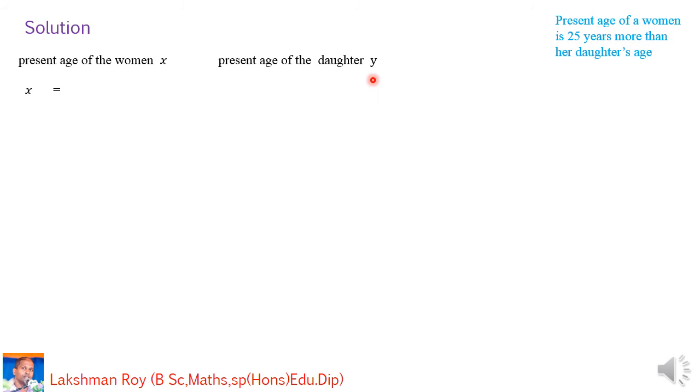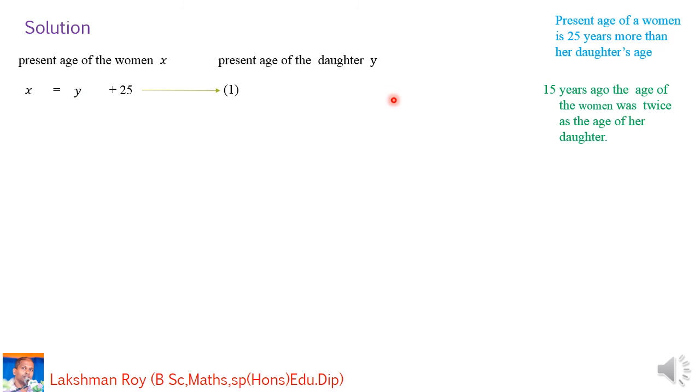So the woman's age x is equal to 25 added to her daughter's age, and the daughter's age is y. So x equals y plus 25. This is the first equation, equation number 1.